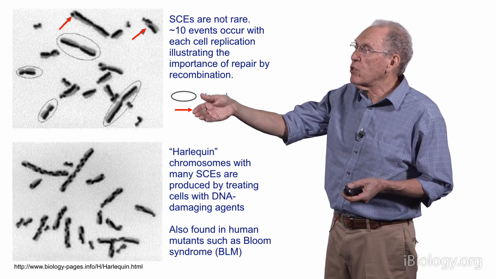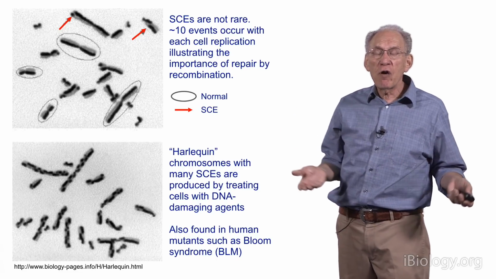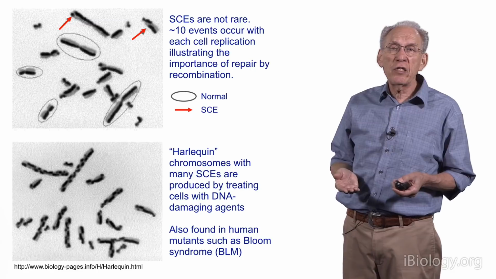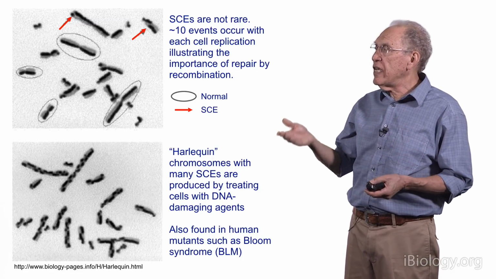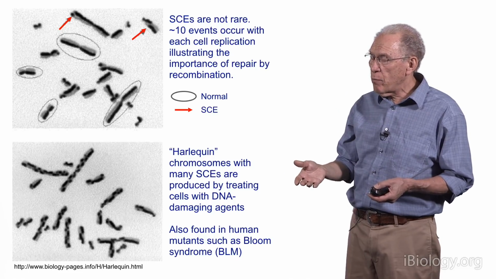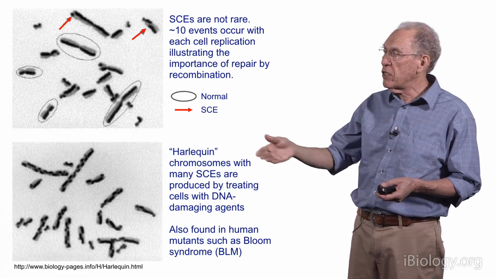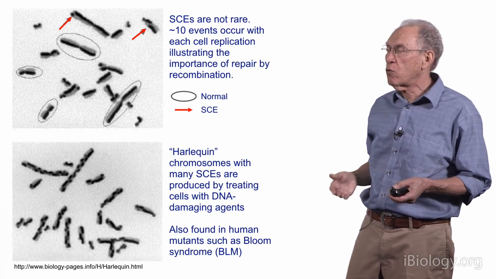You can see in virtually every replication cycle in human cells that there are a few of these sister chromatid exchange events. If you treat these cells with a DNA damaging agent, so that they suffer lots of chromosome breaks that require recombination, you actually can produce these astonishing pictures of what are called harlequin chromosomes.